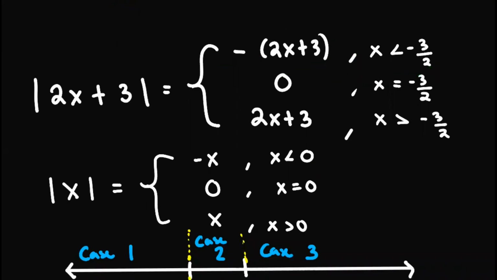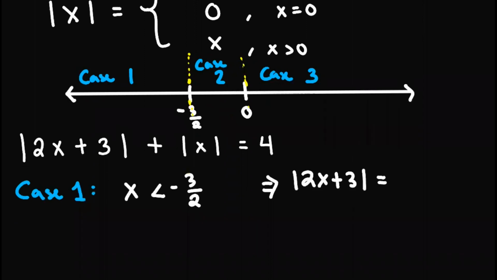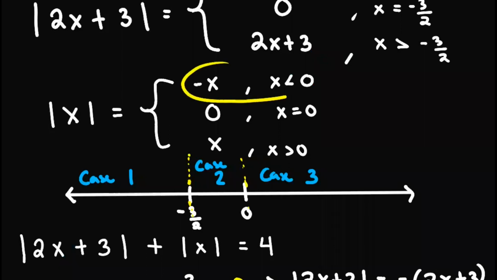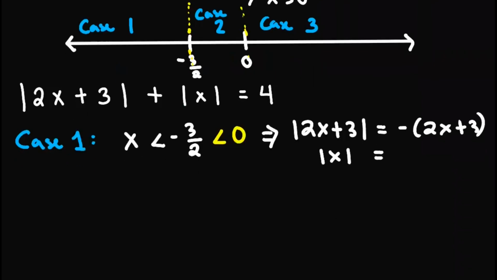So we will have here negative 2x plus 3 for x. Note that if x is less than -3/2, it's also less than 0. So at x less than 0, we got this case out here. There. So this will be -x.